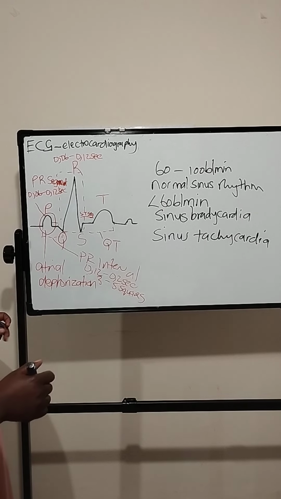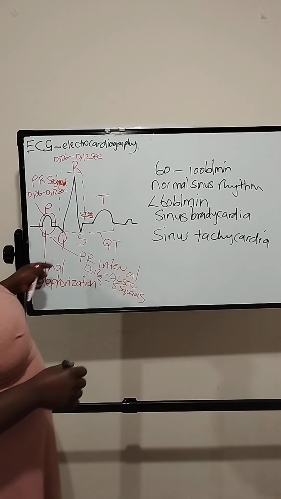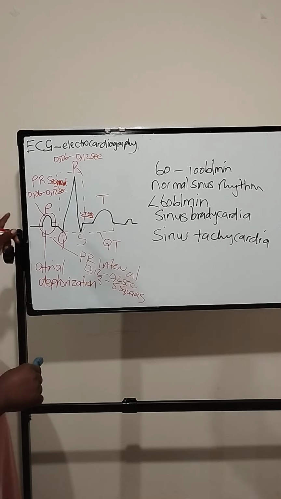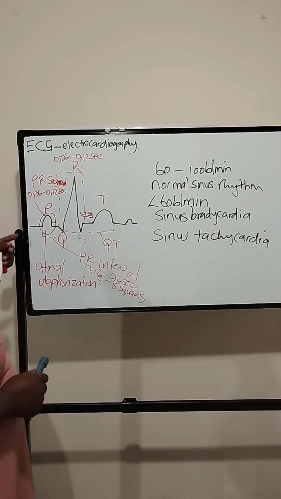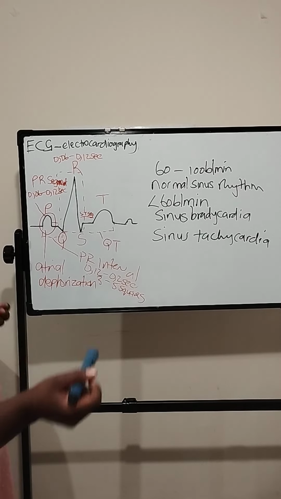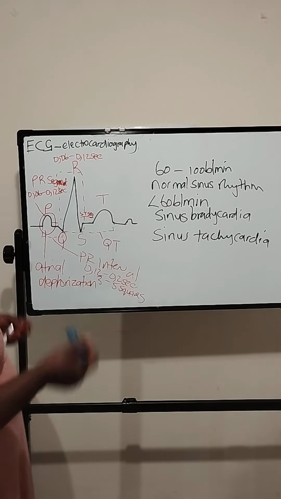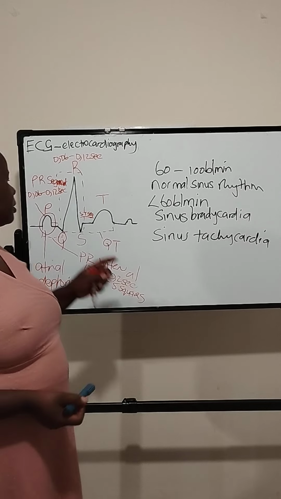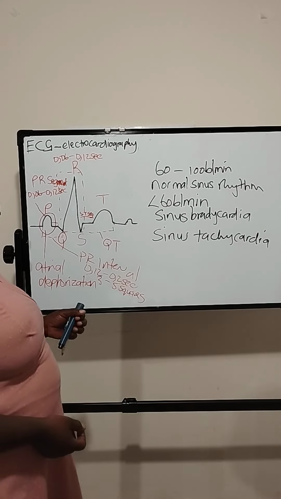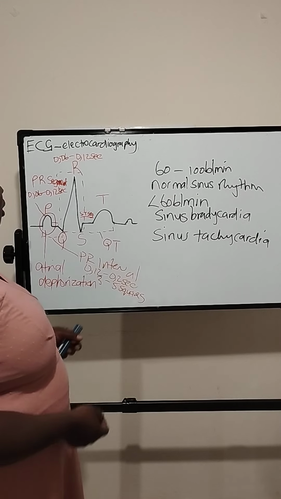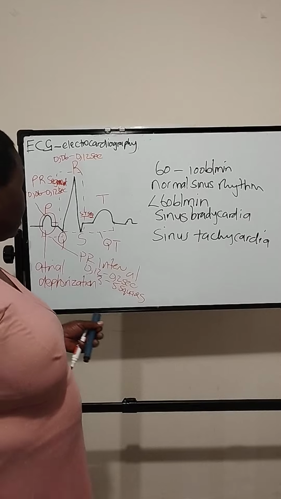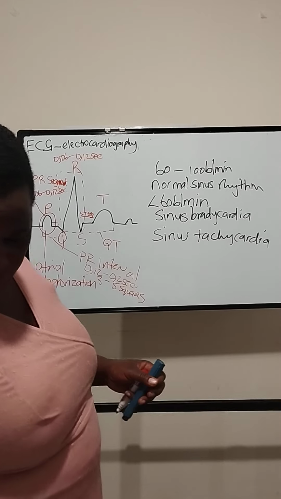So on an ECG paper, we can also determine the rhythm of the heart to see whether the rhythm is regular or irregular. So using an ECG, how you can show whether the rhythm is regular or irregular is what I'm going to talk about now.